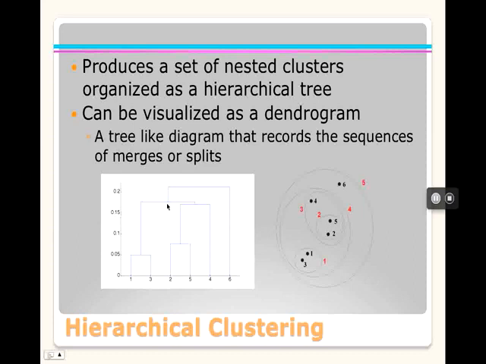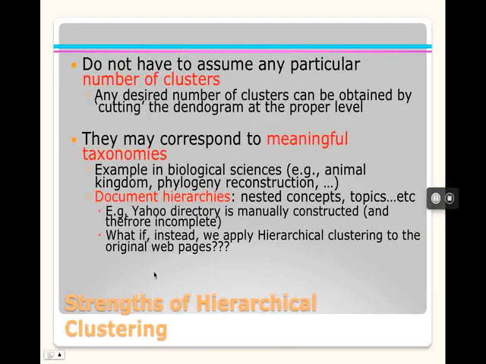If you cut on the second level, you will have the 6 alone, then 2, 5, 4 in one cluster and 1 and 3 in another cluster. If you cut on this level, you will have 2, 5 in one cluster, where the 1 and 3 are joined with the 4. And if you cut on this level, you will go back to each point in one cluster.